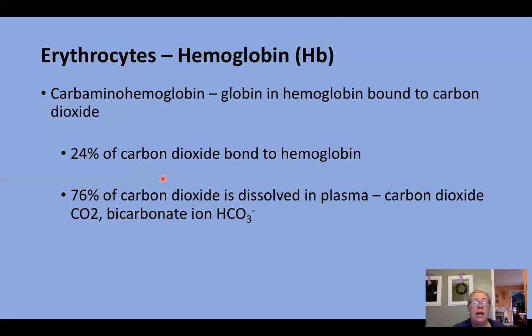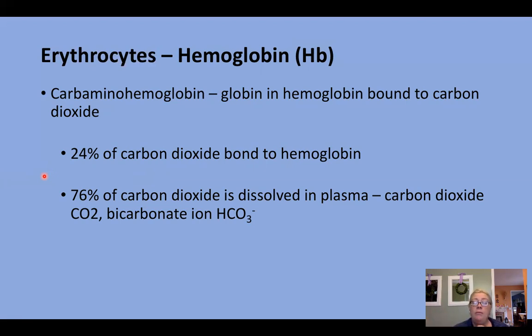And when carbon dioxide is bound to the globin part of the hemoglobin, it is referred to as carbaminohemoglobin. Now, in circulation, only about 24% of the volume of carbon dioxide circulating in your blood at any point in time is going to be bound to hemoglobin, forming this carbaminohemoglobin.